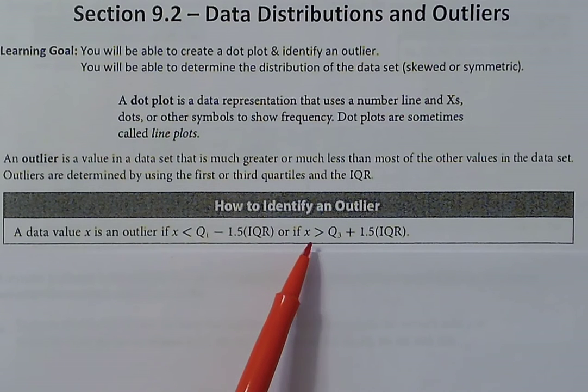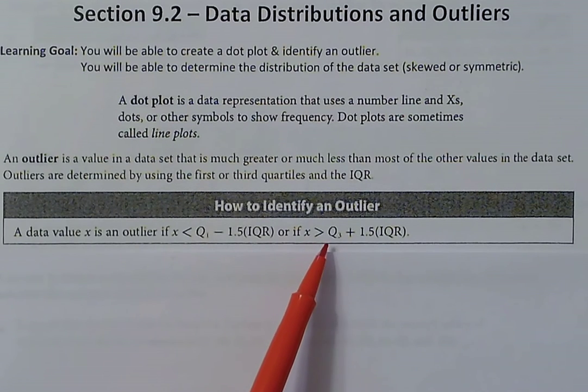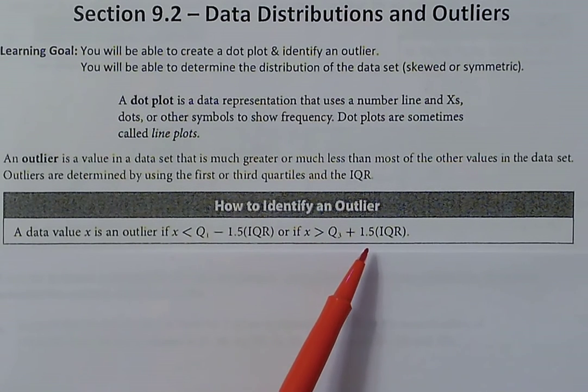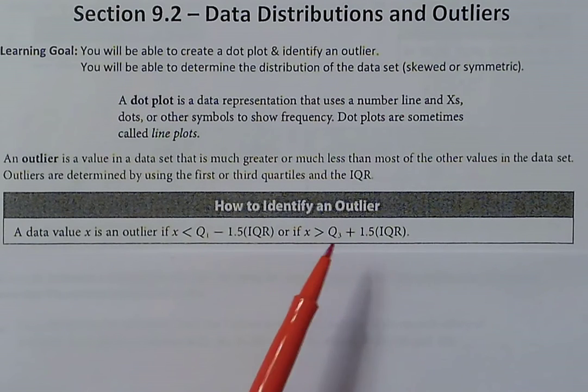Or if x is greater than the third quartile plus 1.5 times the IQR. So I'll point out how that's technically done. Most of our time, though, is just going to be spent looking at a set of data and determining, just from looking at it, if that number appears to be an outlier.